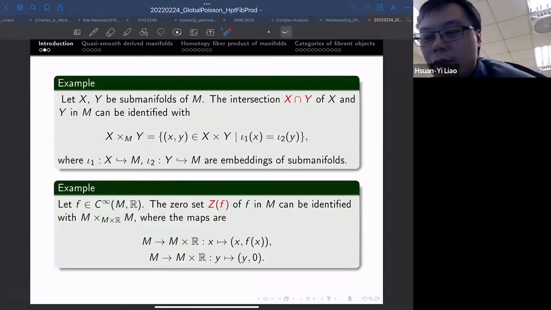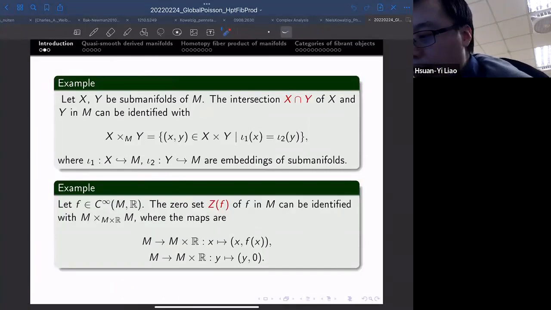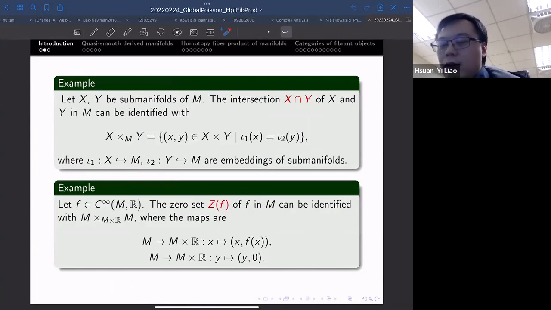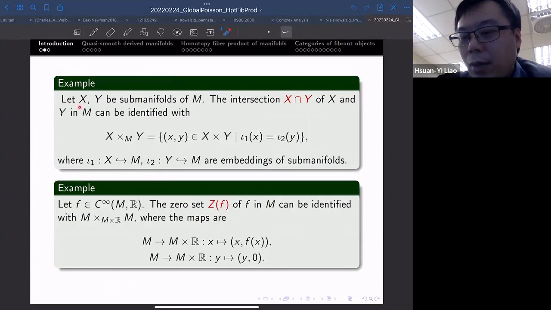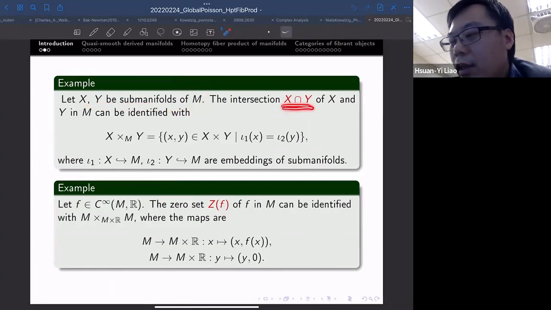So let me show you a couple of examples of fiber products. The first example is intersection of manifolds. Suppose X and Y are submanifolds of a big manifold M. Then the set theoretical intersection of X and Y can be considered as a fiber product.